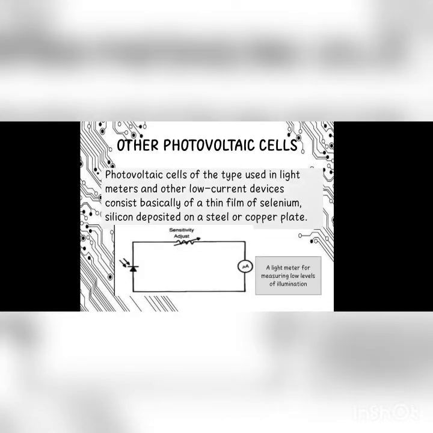Other photovoltaic cells. Photovoltaic cells of the type used in light meters and other low current devices consist basically of a thin film of selenium or silicon deposited on a steel or copper plate. So in the picture, a light meter for measuring low levels of illumination.